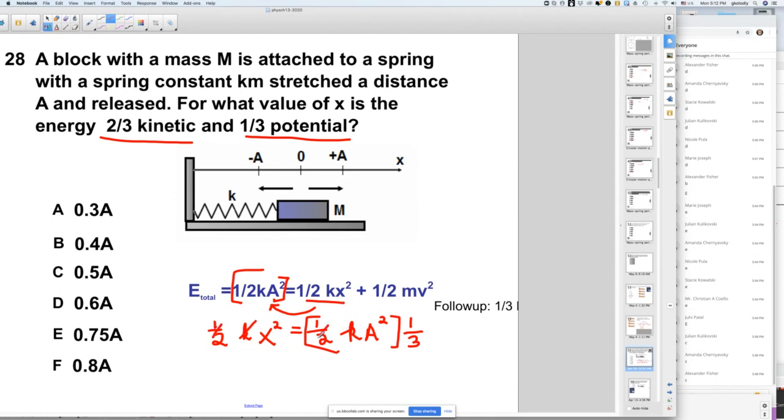The halves cancel, the k's cancel. So x squared equals a squared divided by 3.